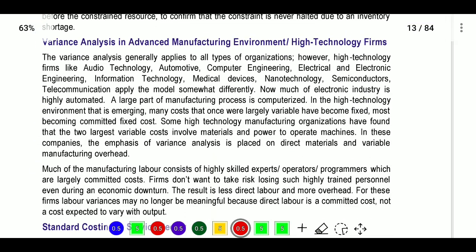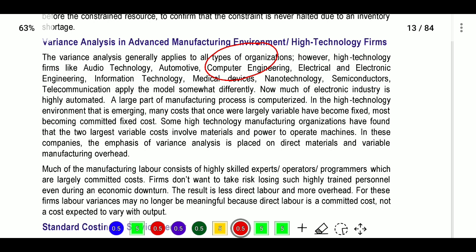Next, variance analysis in advanced manufacturing environments and high technology firms. In a high technology environment, a large part of the manufacturing process is computerized. If it is computerized, most costs that once were largely variable have now become fixed, becoming committed fixed costs.